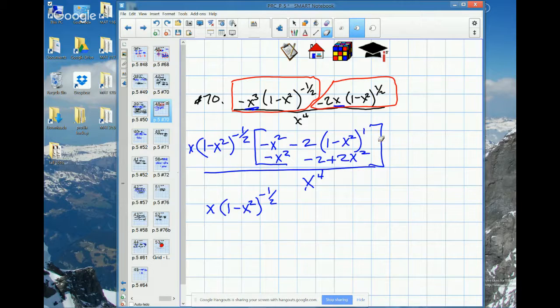Because a negative 2 times a negative x squared is plus 2x squared. And then when you put that together, what do you get? You get 1x squared minus 2, don't you? Negative 1x squared plus a positive 2x squared is a positive 1x squared. All right. Now we're getting there. We're almost to the end.